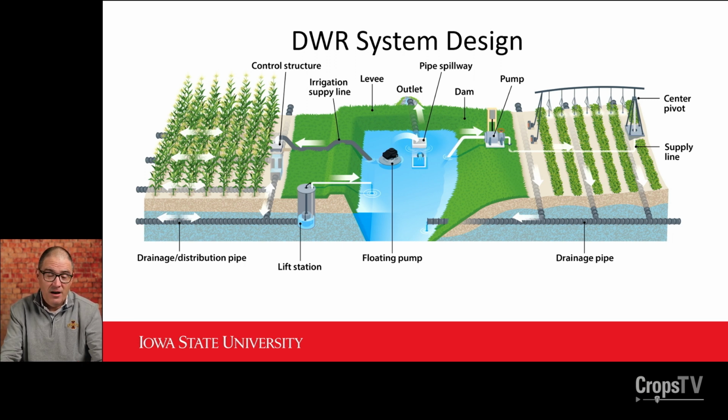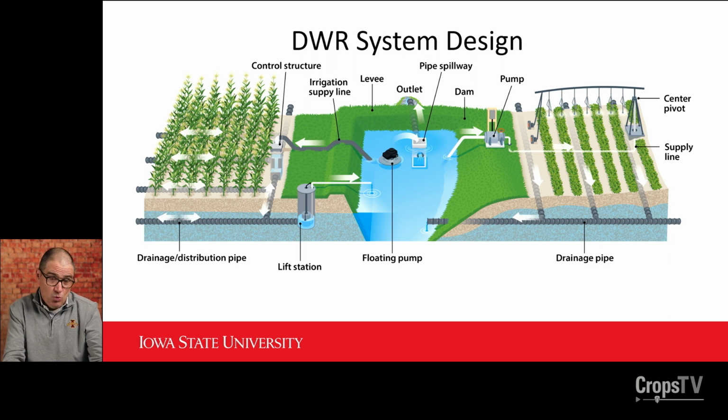Really, this system has many different components, and the different systems, depending on the topography and the landscape, might take on different forms. But in essence, what we're doing is we're capturing drainage water, we're going to store it, and then we're going to use it for supplemental irrigation or for crop production. Those of you that might have a rain barrel at your home or wherever you live, this is a little bit like a rain barrel on steroids.